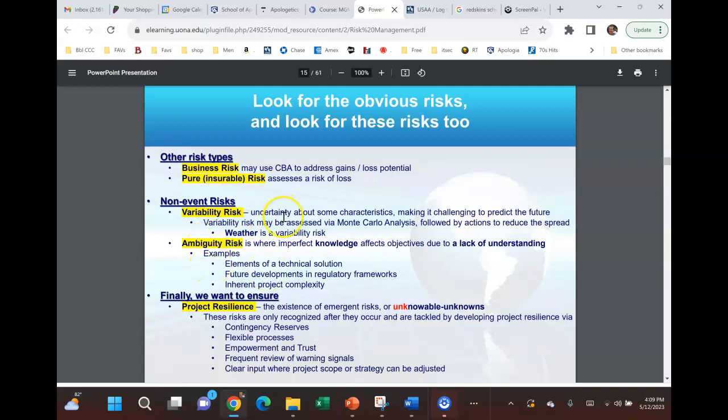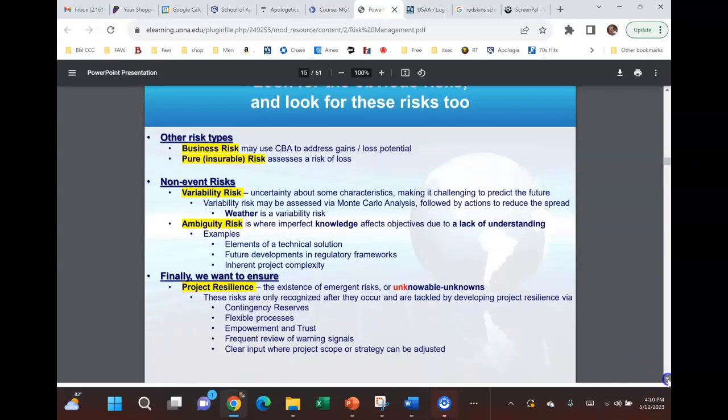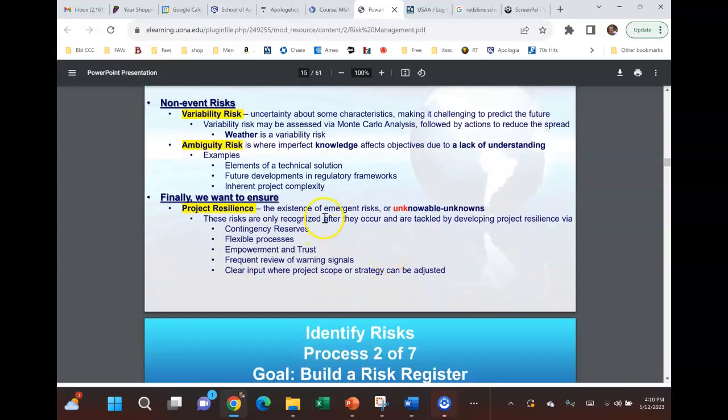What about risk ambiguity, where there's imperfect knowledge due to a lack of understanding? You know, if you've ever deployed data loss prevention in a complex infrastructure, sometimes you'll have that risk ambiguity. That's also dangerous. And so we think of risks in terms of 1, individual risks, and 2, overall risk, right?